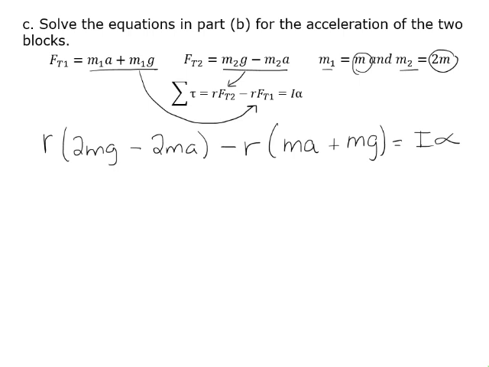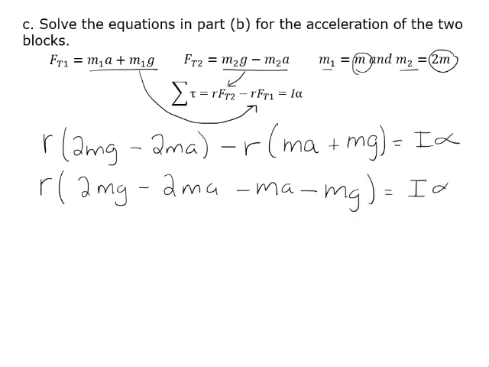Next, I'm going to pull out my r from both of these components and combine like terms. So I have r times 2mg minus 2ma minus ma minus mg is equal to rotational inertia times angular acceleration, which then gives me r times mg minus 3ma equals I times angular acceleration.